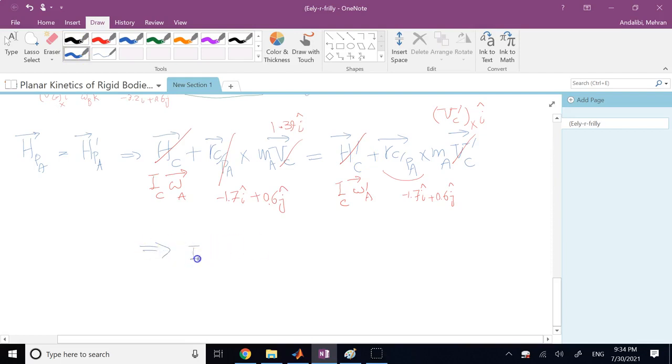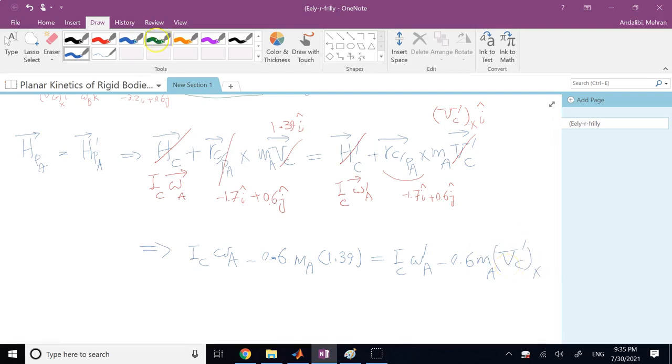And that is going to be I about C times omega A. And then here you have J cross I, as I said, is negative. So you're going to get negative 0.6 times M A times 1.39. This is equal to I C omega A prime, and then here again you have a negative K, so it's negative 0.6 M A times V prime C X, right?